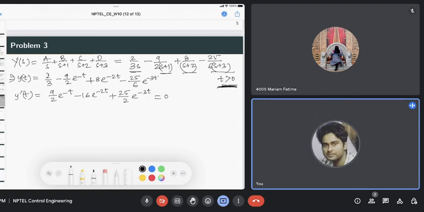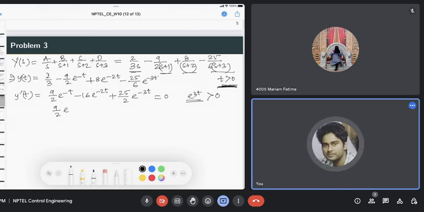So how can we solve? Because we have e to the power minus t terms. So what we will do, first we will multiply e to the power 3t on both sides. Then the first term will be 9 by 2, so this is a positive term, so we can multiply on both sides, right?